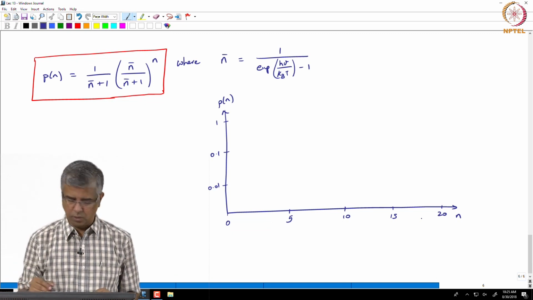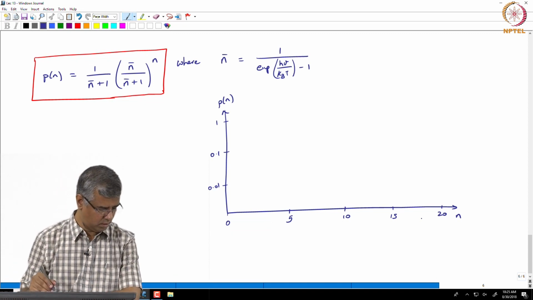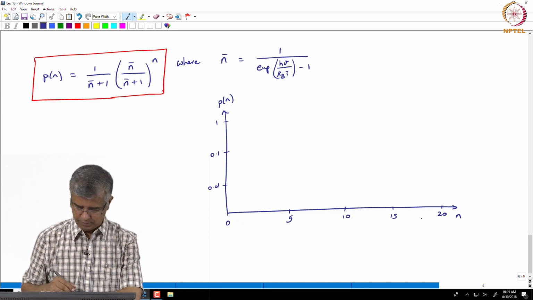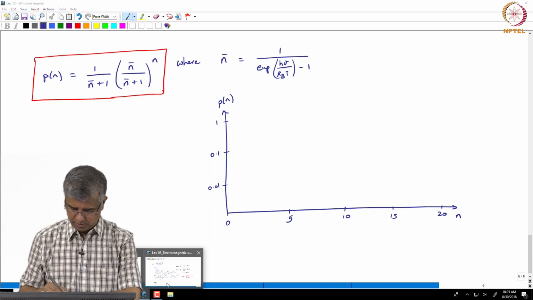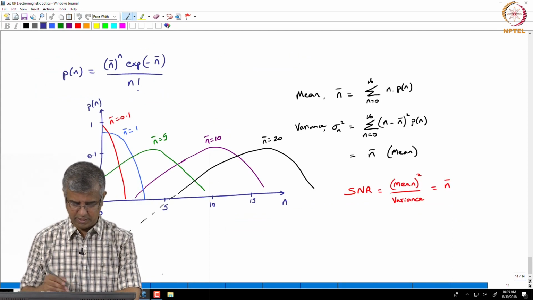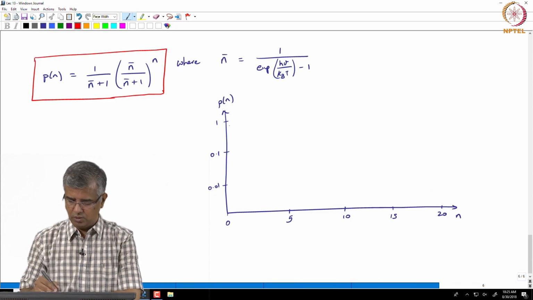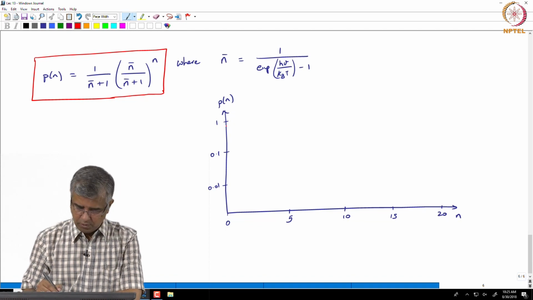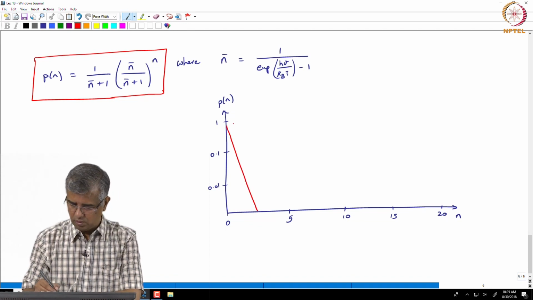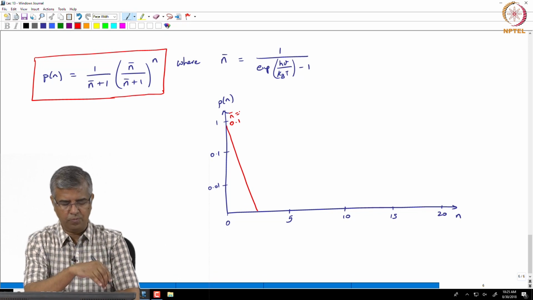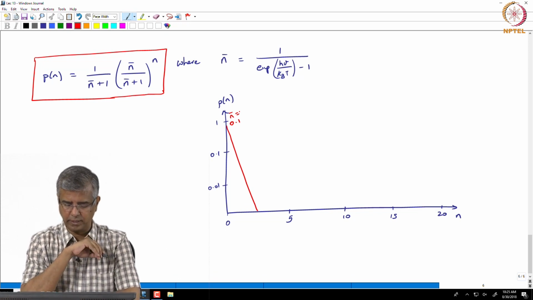In this case, let me just see what colors I used. I used red, blue, green. So for 0.1, this is n bar value of 0.1. If you plot this expression, it is going to look like this.